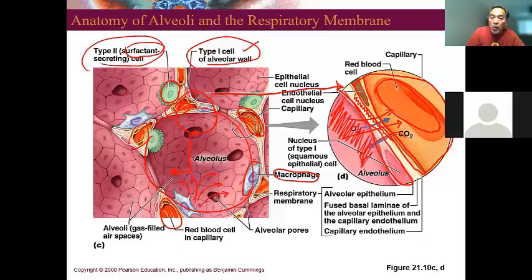So the walls become thicker between the alveoli and the capillary. And that's the reason why oxygen is not able to go through the walls. They won't be able to reach the blood vessel. So when a person is infected with the coronavirus, the pus will actually produce some gurgling sound on the patient's breathing, okay?